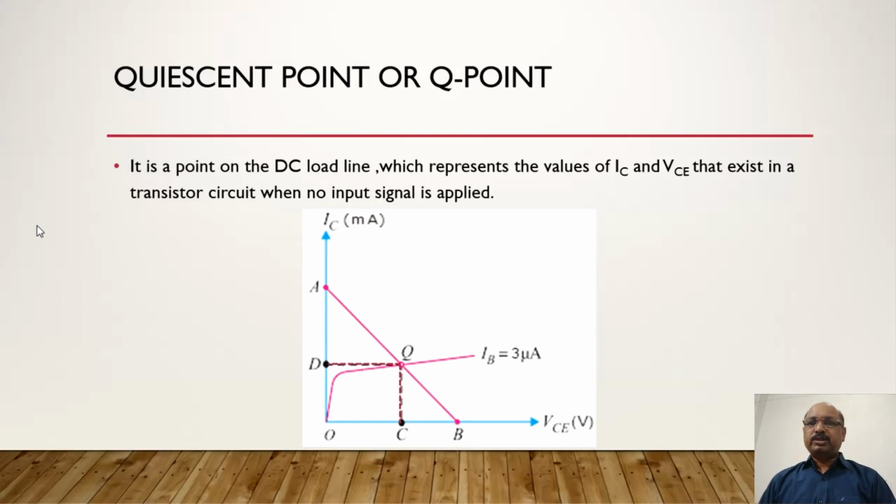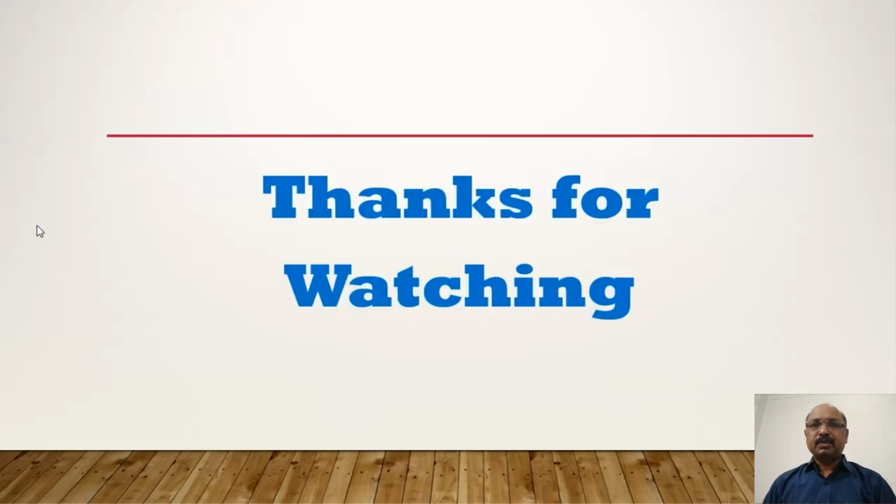So in this video we discussed the CE amplifier circuit and its biasing, so that this circuit gives faithful amplification. Also, how to draw the DC load line for this circuit, and from the DC load line and output characteristics how to locate the operating point, or Q point.